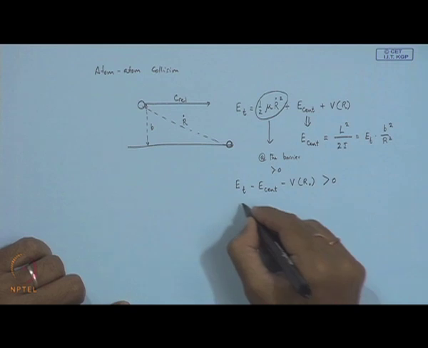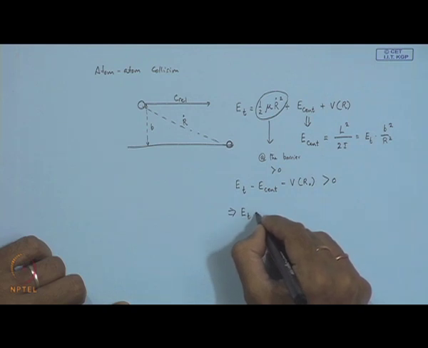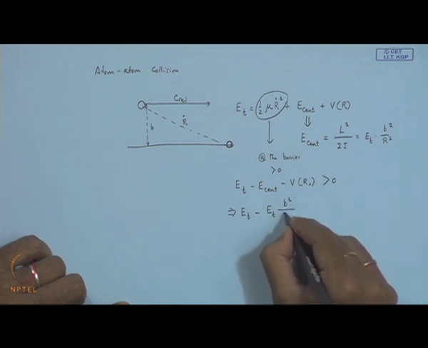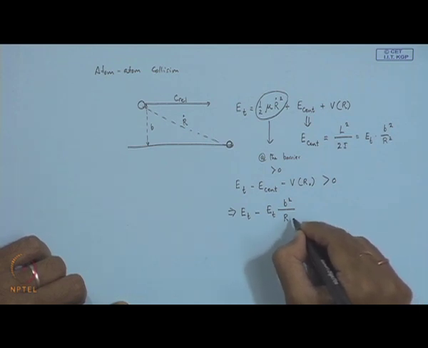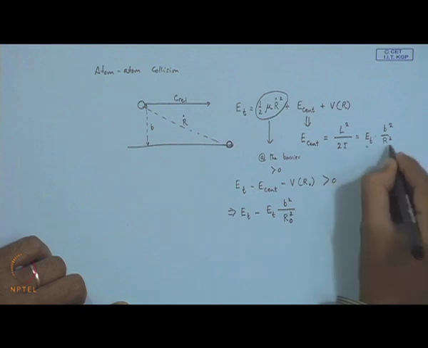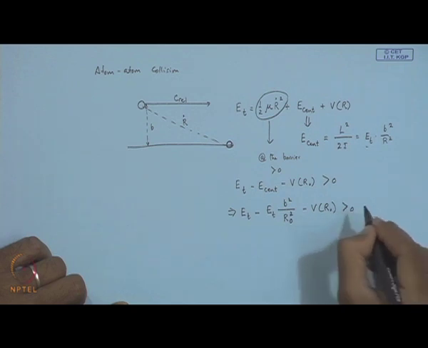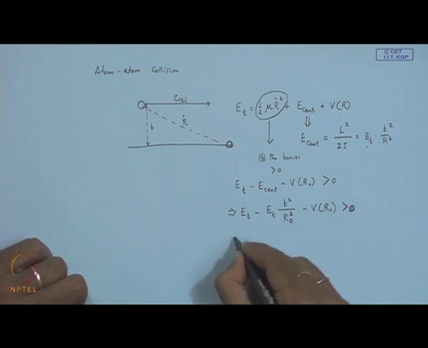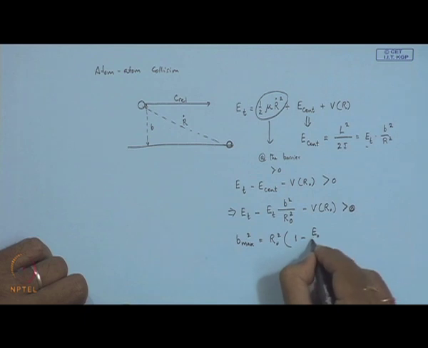Putting all the ingredients, E_t minus E_t times b squared by R_0 squared minus V(R_0) is greater than 0. From this we can write the maximum value of b. So, b_max squared can be calculated to be R_0 squared times (1 minus E_0 by E_t).